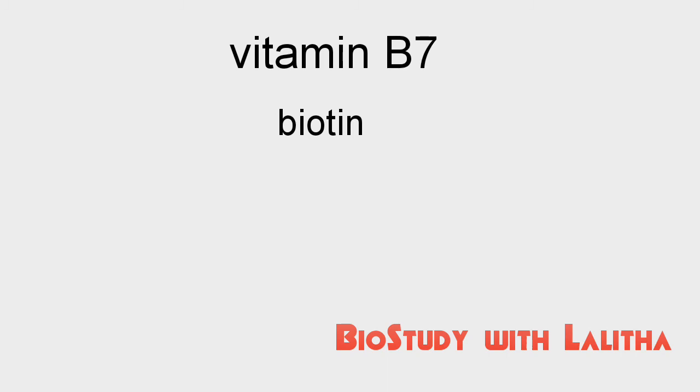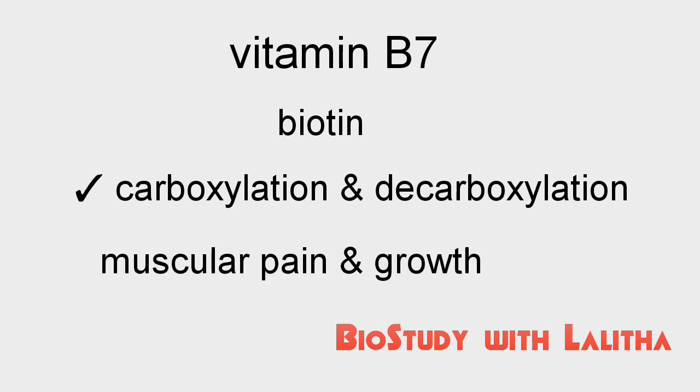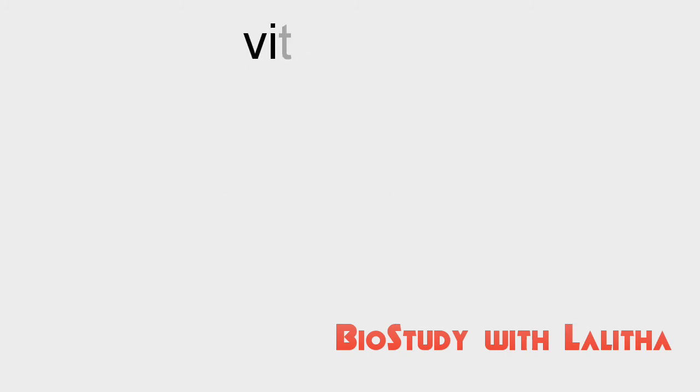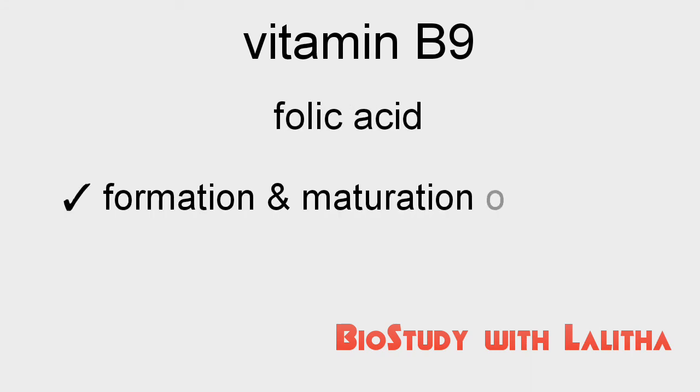The next vitamin is vitamin B7. It is chemically called biotin, and it is involved in carboxylation and decarboxylation processes, and deficiency of this may lead to muscular pain and growth failure. Next is vitamin B9. This is chemically called folic acid, and it helps in formation and maturation of RBCs.